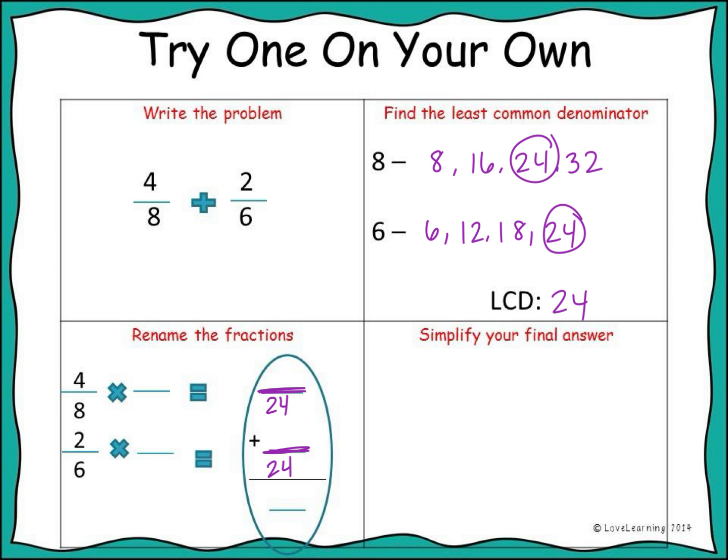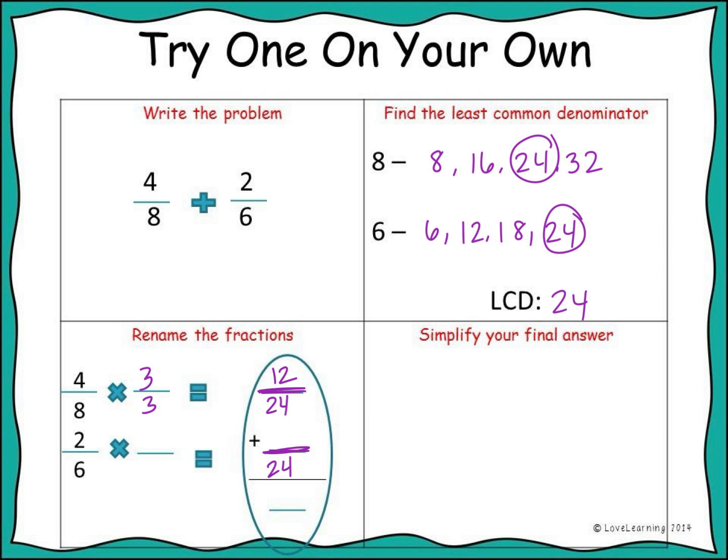And I've got to figure out what the numerator is. So this middle part here is telling me what to multiply my original denominator by. 8 times what is 24? 3. So then the top number, 4 times 3 is 12.